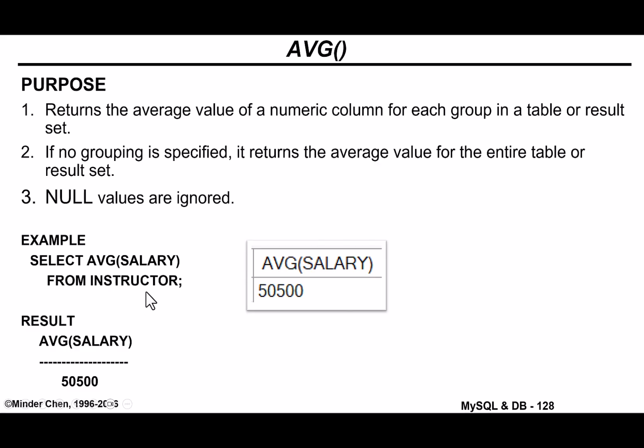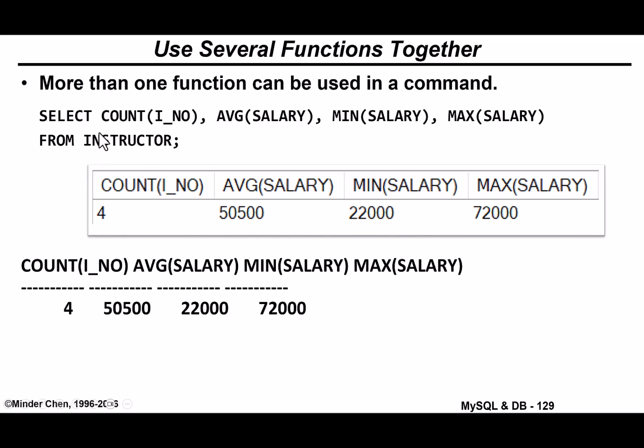And instructors whose salary we don't know will be excluded in this calculation. You can write it in one select statement, multiple aggregate functions for the whole instructor table, like count, average, minimum, maximum. So they would show up in this format.